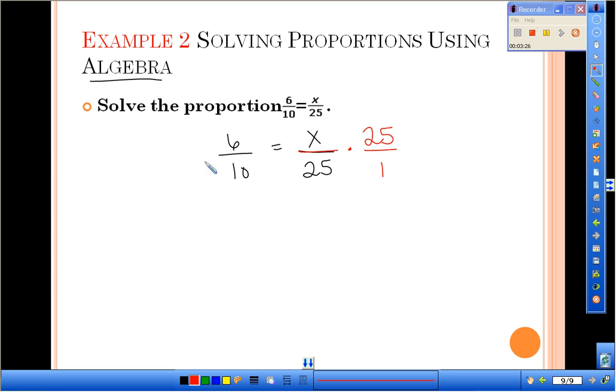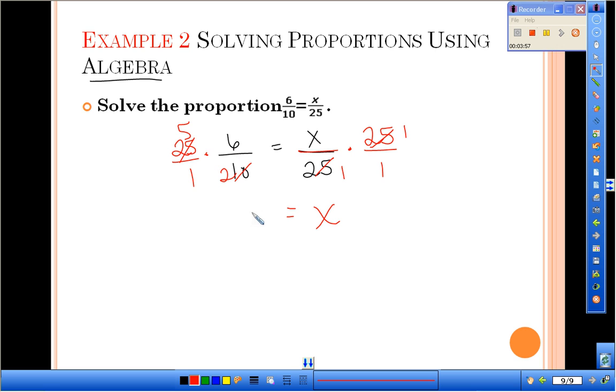We're going to keep this equation balanced, so we're going to multiply the other side by 25 as well. And then finally we're going to solve. 25 goes into 25 one time. 25 goes into 25 one time. So on this right side we just have x times 1, which is just x. And over here on the left side you can simplify by 5. 5 will go into 10 2 times, and 5 will go into 25 5 times.